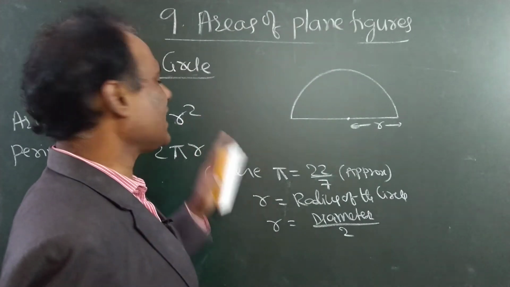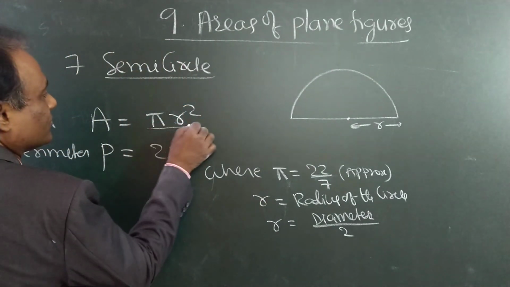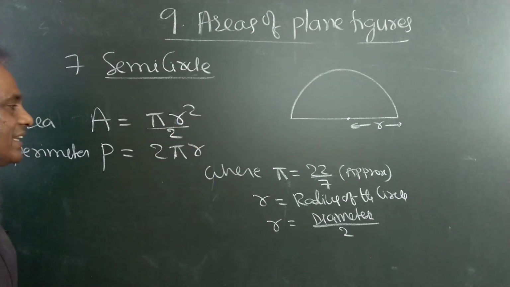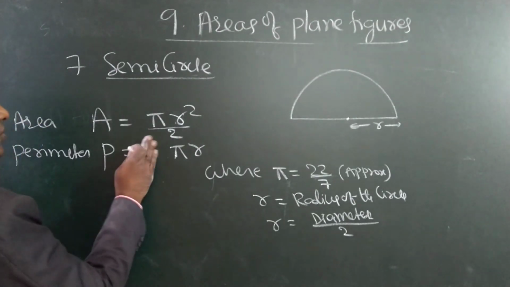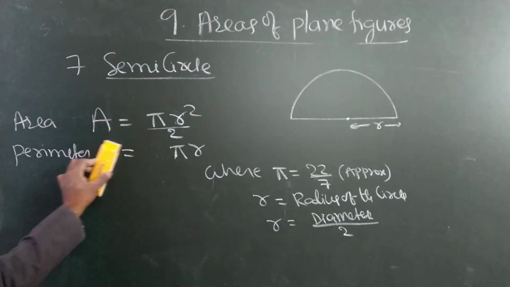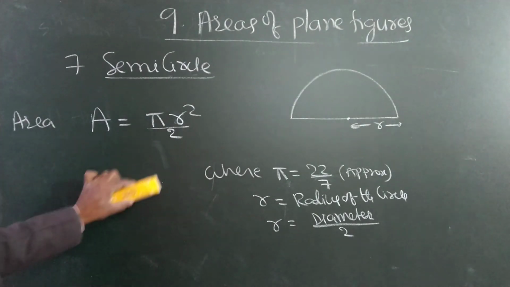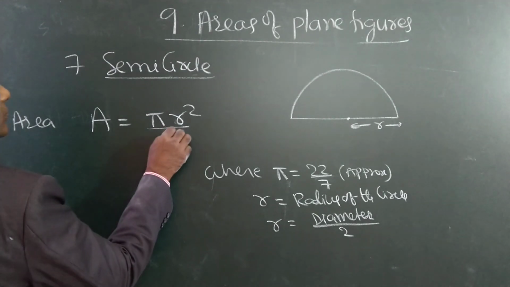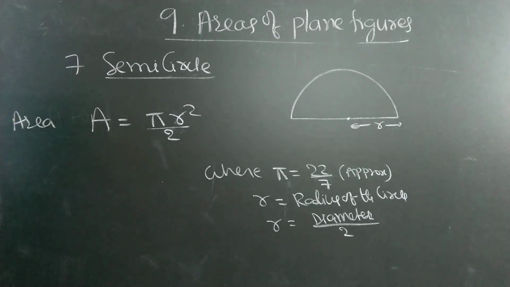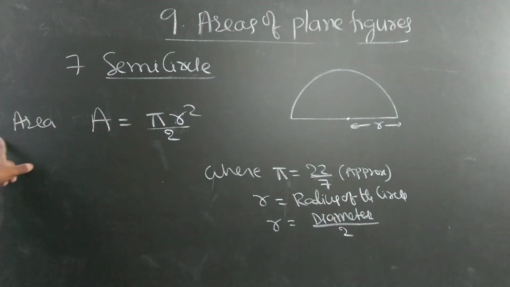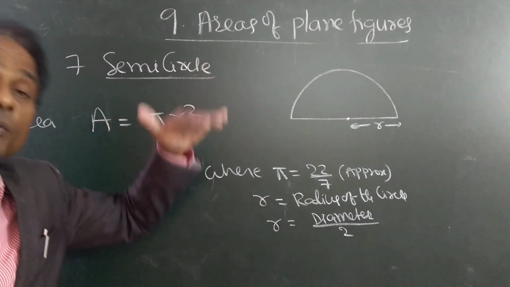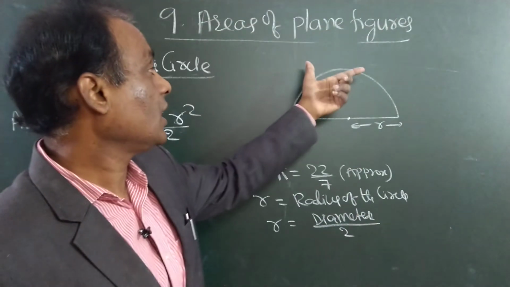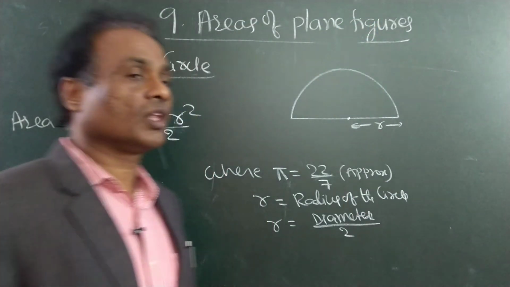For circle, area pi r square, so it will be half of the total area. The curved part will also be half, but that is not needed here, we won't get that, only this one. Write down: area of semicircle is pi r square by 2, half of the circle area.